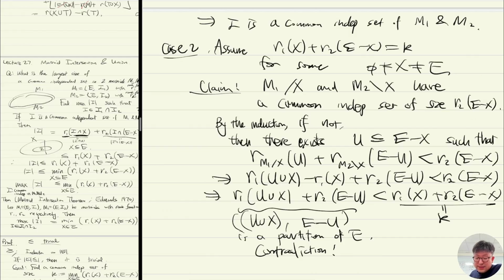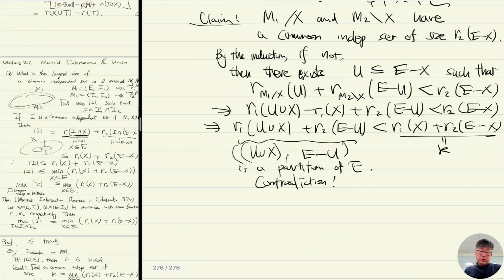Why is this a contradiction? Because the right hand side is supposed to be the minimum. You achieve an even smaller value. All right, so that's a contradiction. So thus the claim is true.